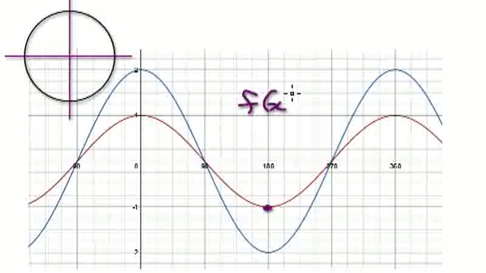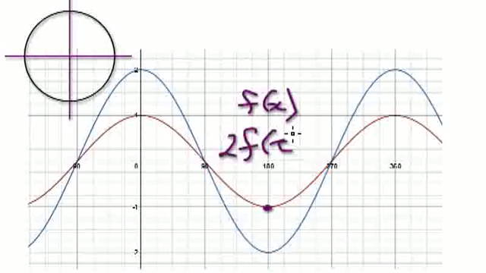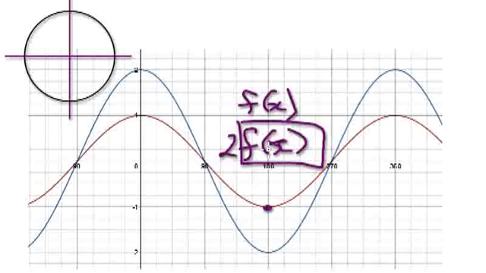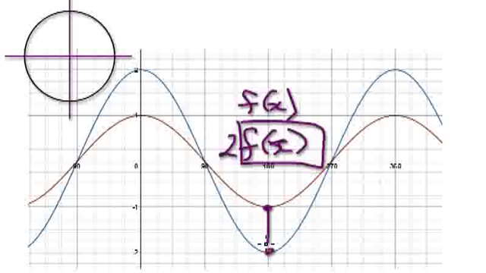Looking at 2 f of x, negative 1 times 2 will be negative 2. So again, it gets stretched downwards.